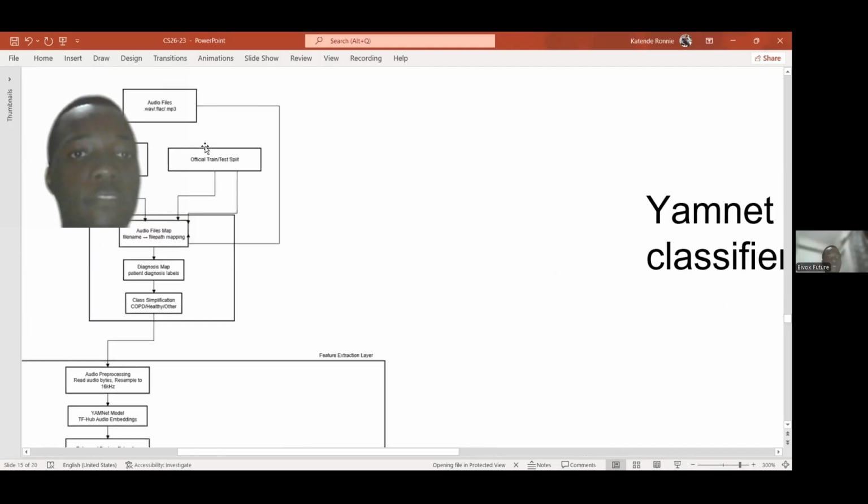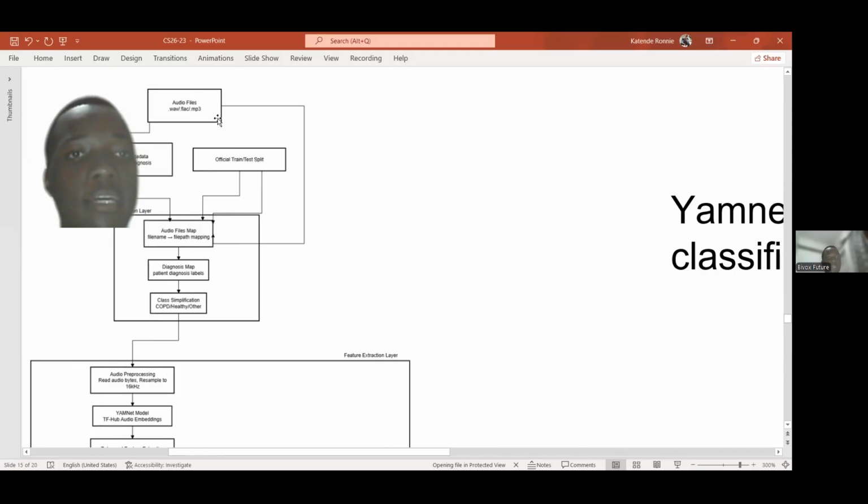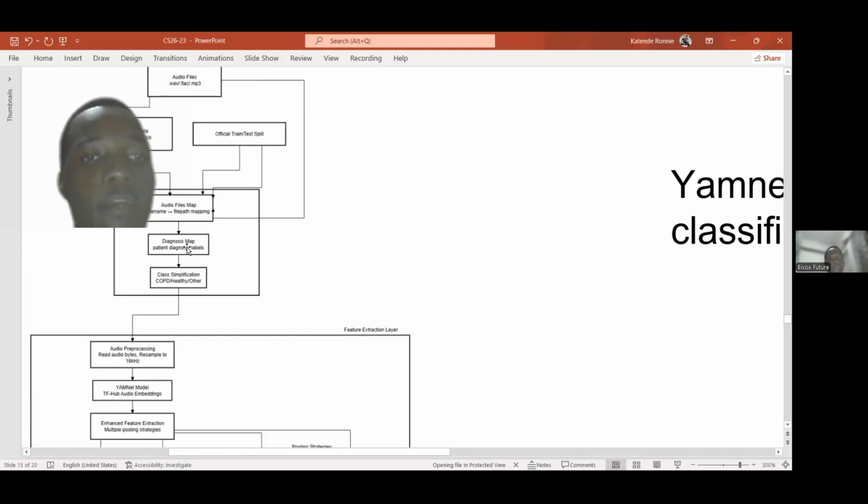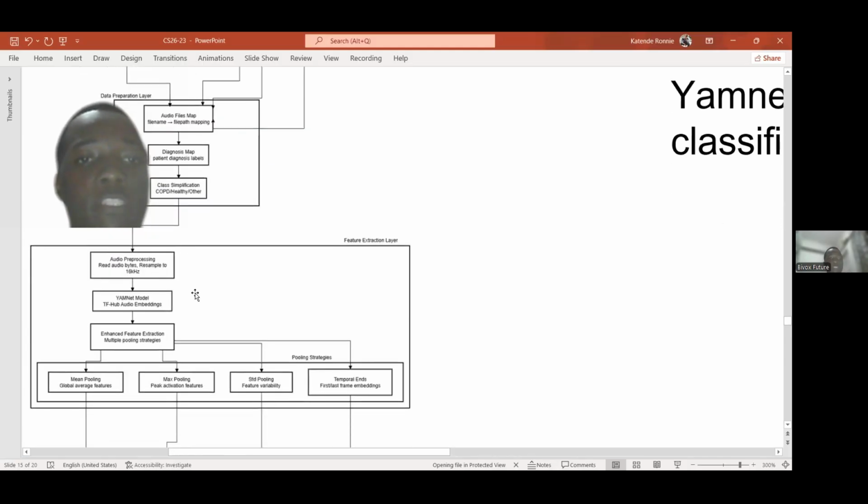So we have this file, like the data preparation layer. As I said, we get the audio files first, then we are able to perform the EDA. Then feature extraction, is it able to extract the exact sound that you require? Audio processing, then the YAMNet model enhances the feature extraction, the STD pool, temporal.